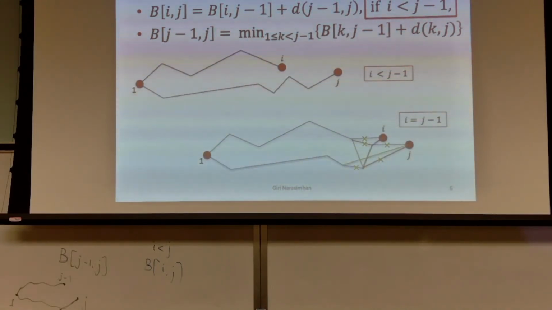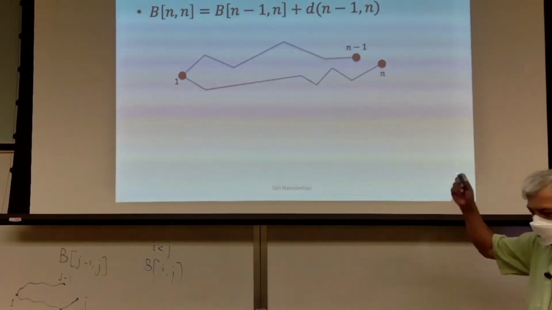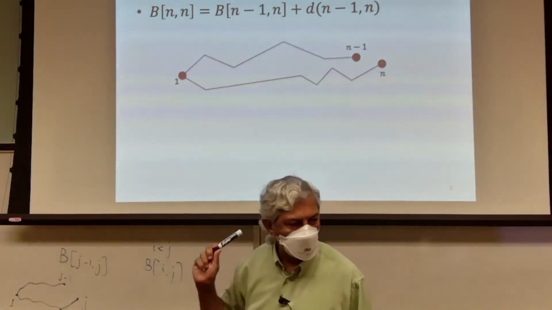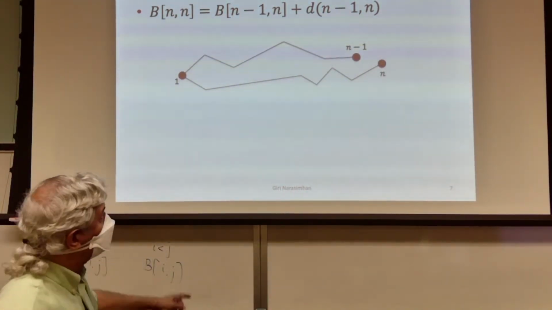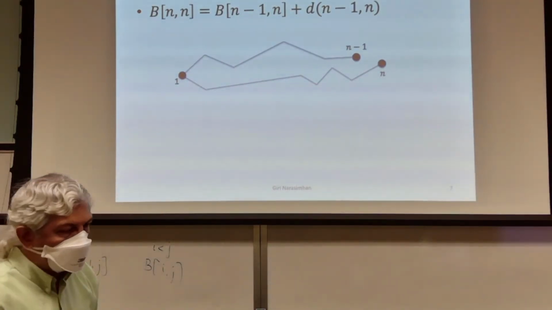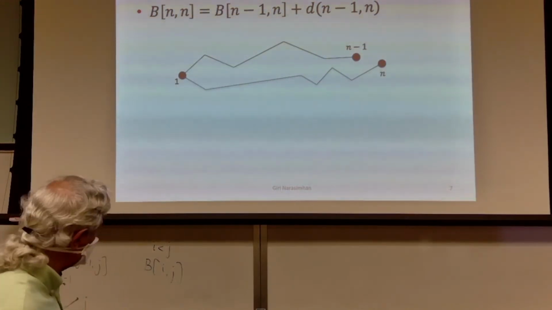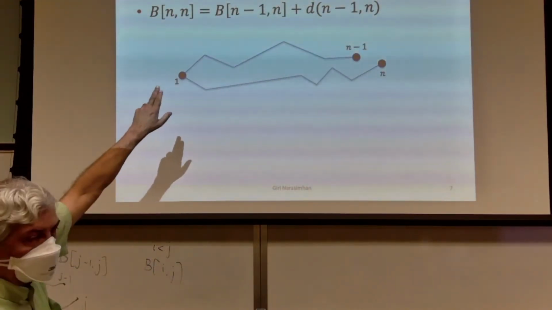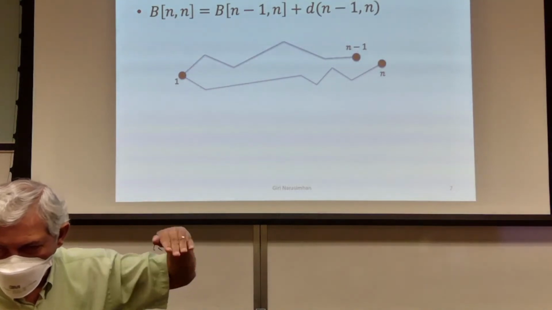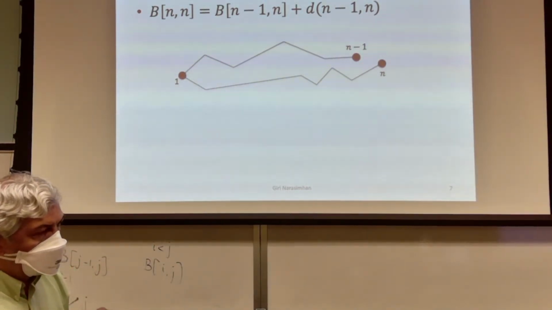Okay. So setting up the recurrence is pretty much all you need. There is one special case. You have to kind of figure out how to end this whole thing. And so that's the same as asking b of n, n. So b of n, n is actually just a special case of b of n minus 1, n, where I add that last edge.